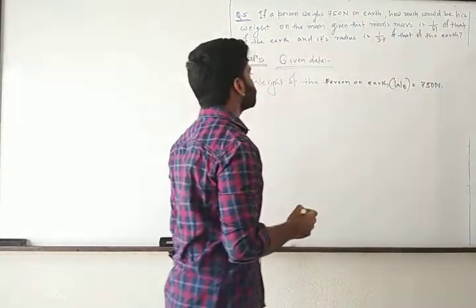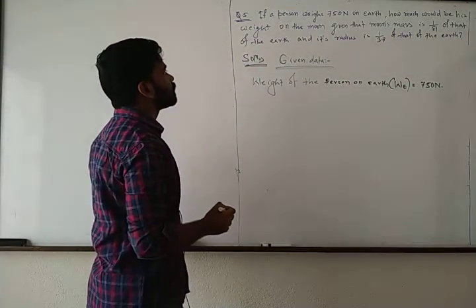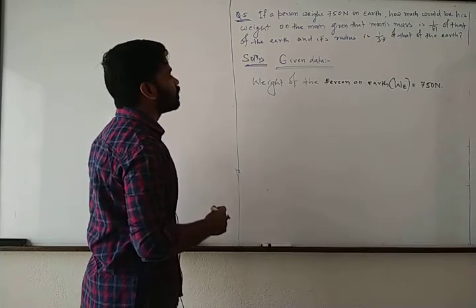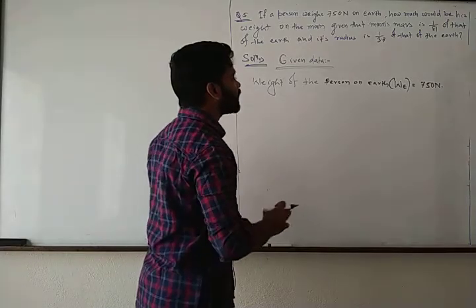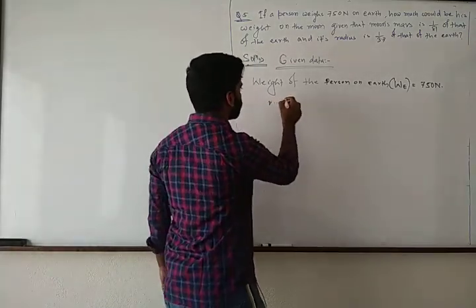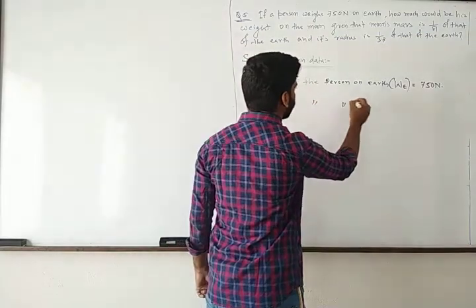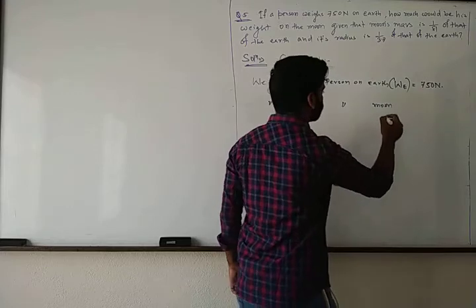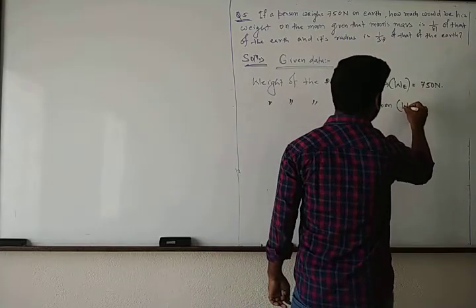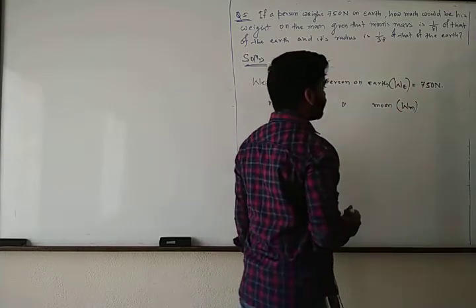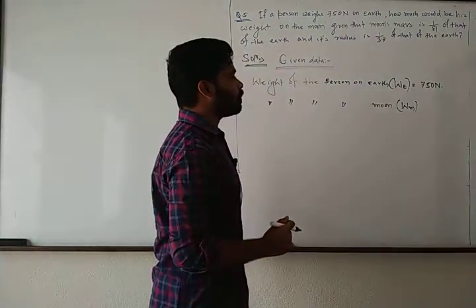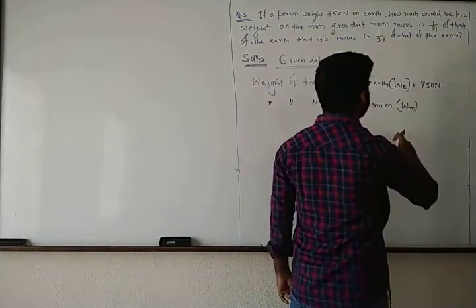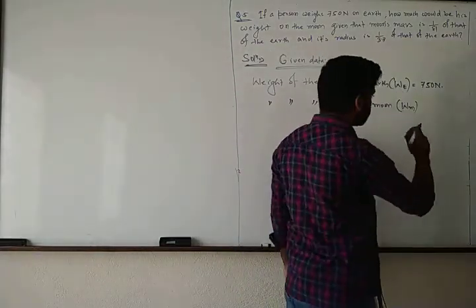Correct? Now, how much would be his weight on the moon? Moon पे उसका weight calculate करना है. So, it is asked in the question, weight of the person on the moon. That is, you can represent it W subscript M. That is weight of the person on the surface of moon.